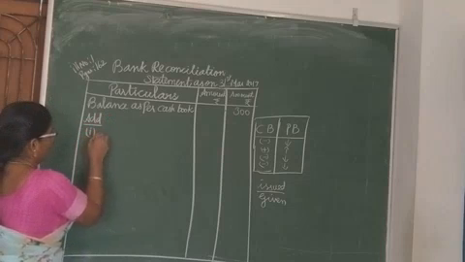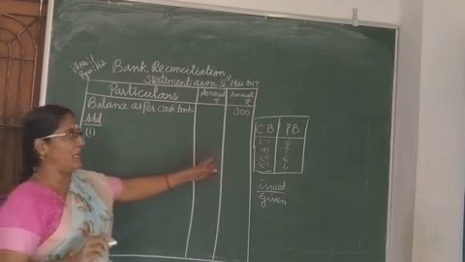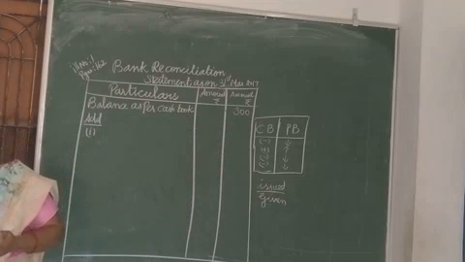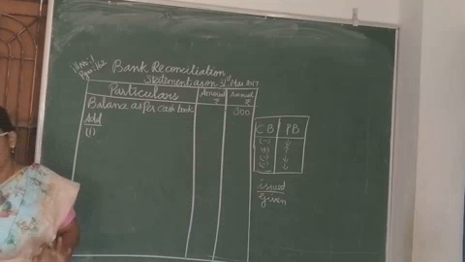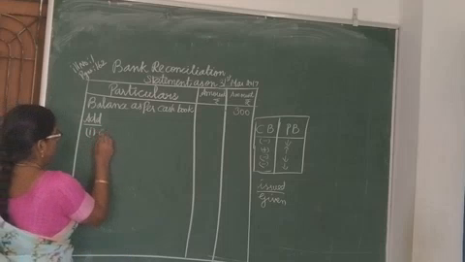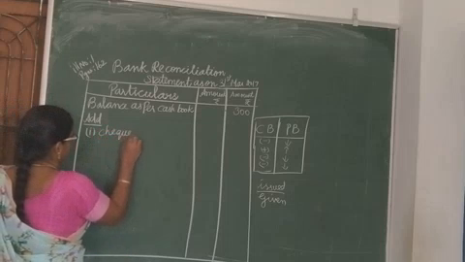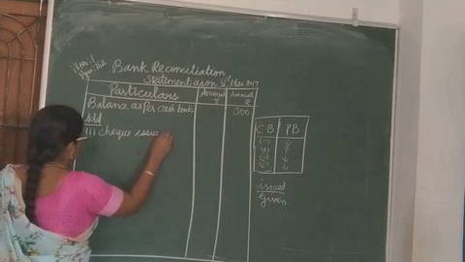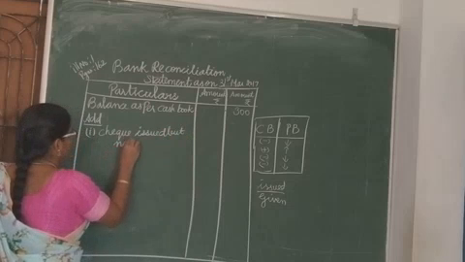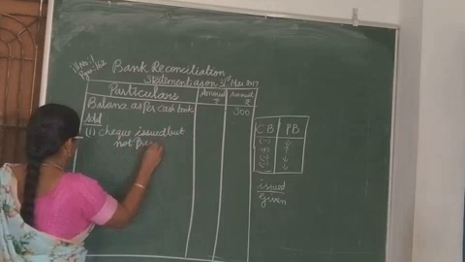First one, what are all the things? Only one item we are going to add. Which item? Check issued but not presented for payment, isn't it? So that transaction alone, take down: check issued but not presented for payment.